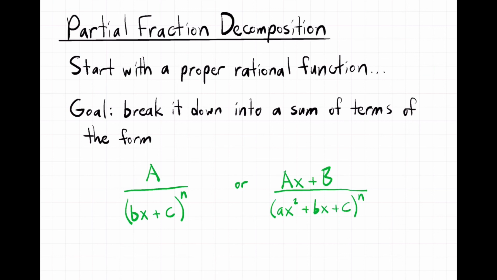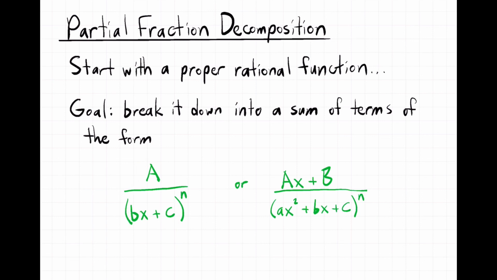Now, in our case, we only had a number over a number times x plus a number, like this. Later, we'll talk about what happens if you start bringing powers onto those bottom functions here. And we'll talk about what happens when you have an irreducible quadratic factor in your denominator. But for now, it's very simple. The point is we're going to break down that larger rational function into a sum of simpler ones.